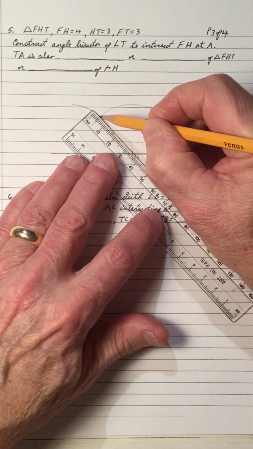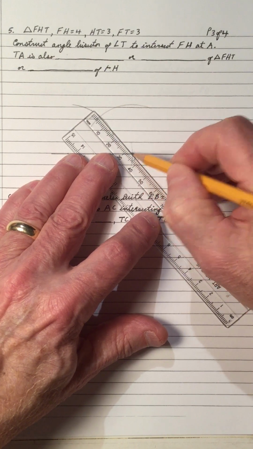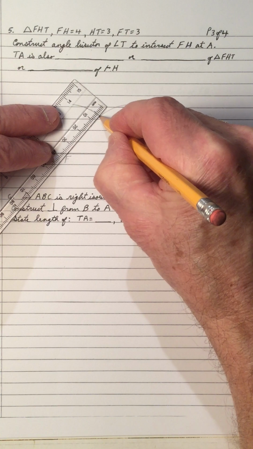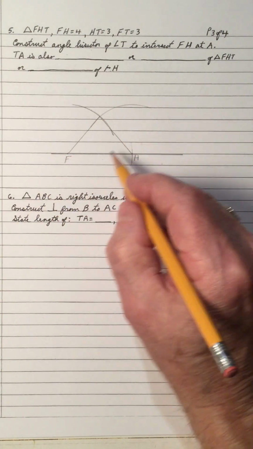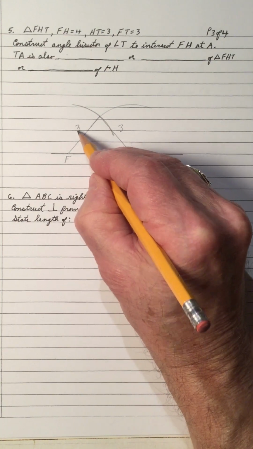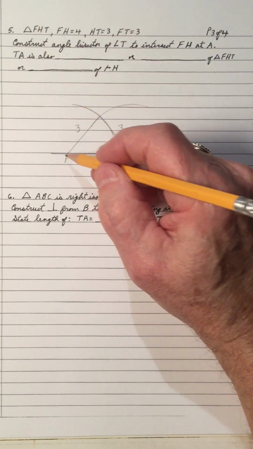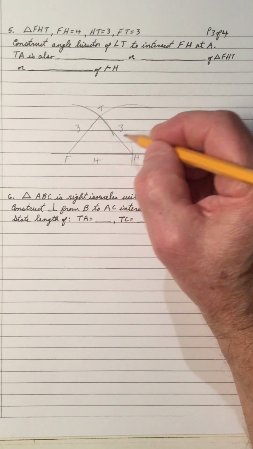So there are the 2 arcs intersecting. This forms the other side of the triangle. So this is 4, this is 3, this is 3, and the triangle is FHT. This is T, the intersection of these 2 arcs.